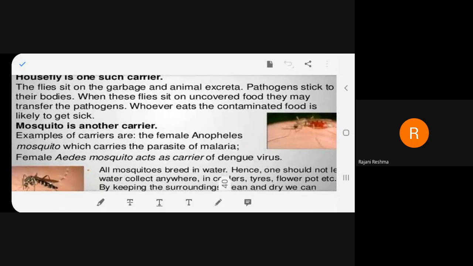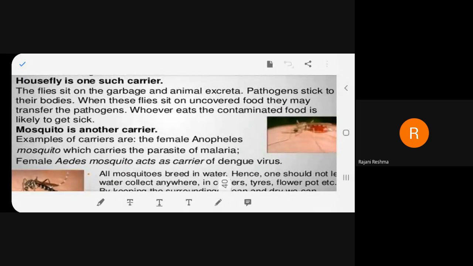Read, beta. Housefly is one such carrier. The flies sit on the garbage and animal excreta. Pathogens stick to their bodies. When the flies sit on uncovered food, they may transfer the pathogens.